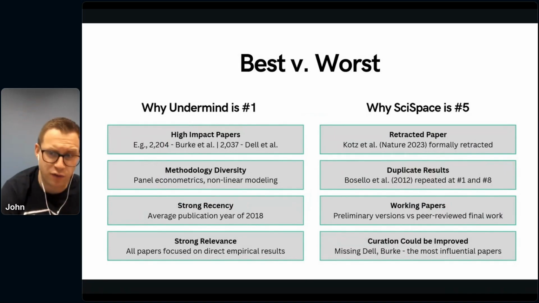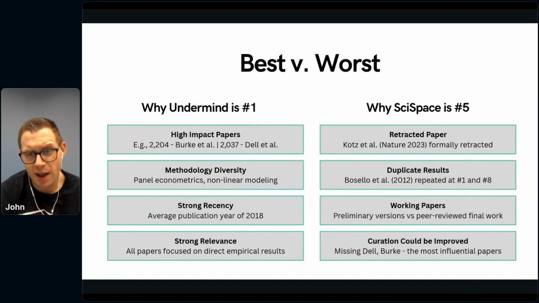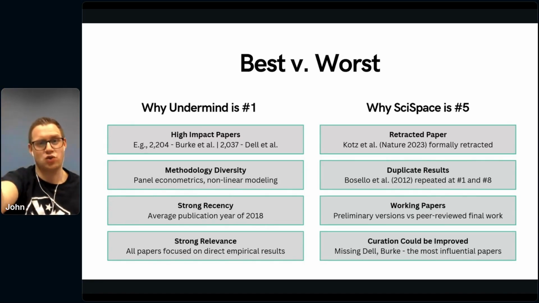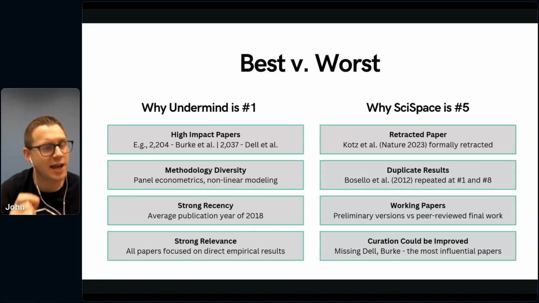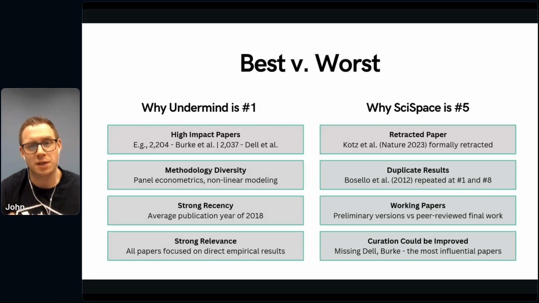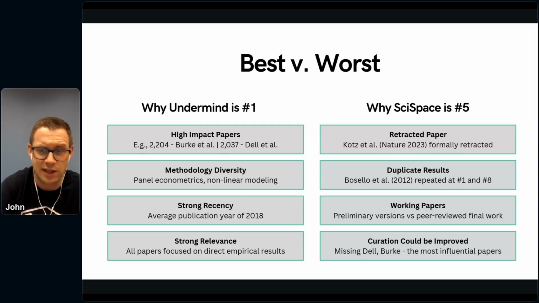SciSpace is number 5, unfortunately, because of some very clear issues. One is that one of the top papers was retracted. I am struggling to remember if it was actually labeled as retracted in the SciSpace results. I don't think so. Maybe that leads me to believe they've got their own database that's not being regularly updated. But the point is, that's a retracted paper.